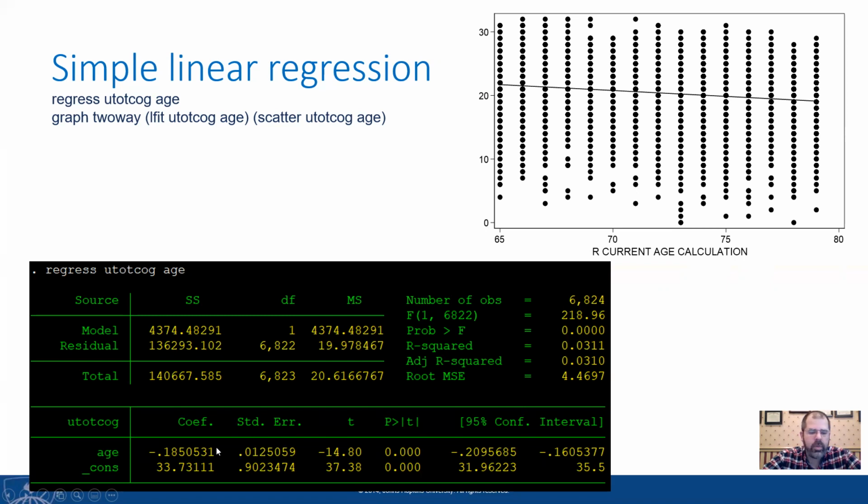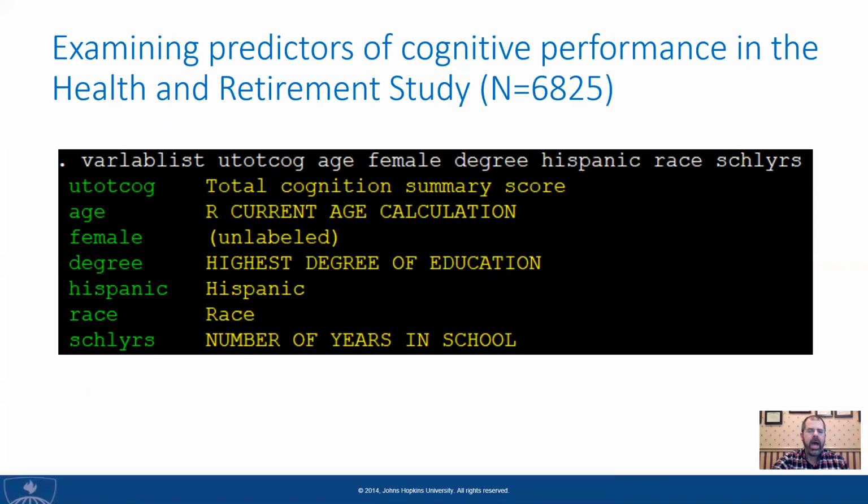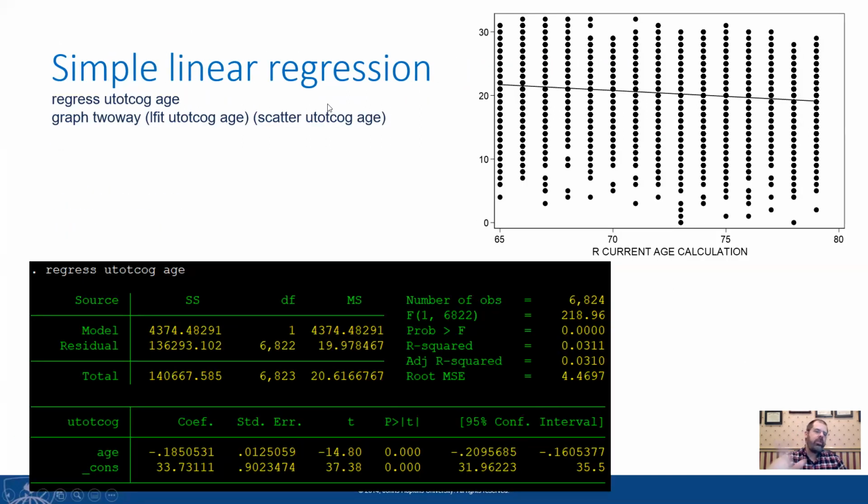What else should we say? The R squared is not high, but that might be okay, because as I mentioned at the beginning of this demonstration, the purpose here is to examine predictors and correlates of cognitive performance in the health and retirement study. I'm not interested in predicting cognitive functioning. If I were interested in predicting or explaining lots of variation in the cognitive functioning outcome, I would want to maximize my R squared value.